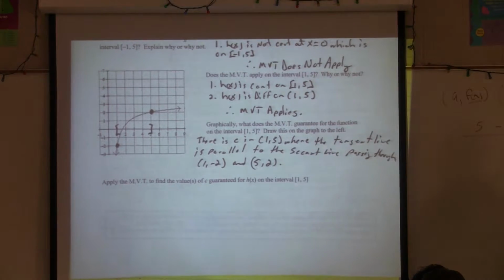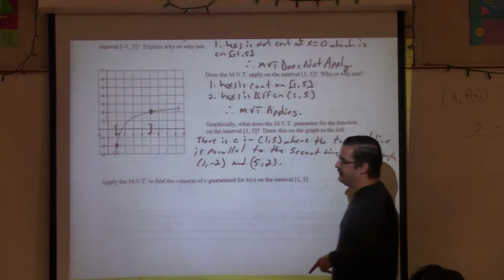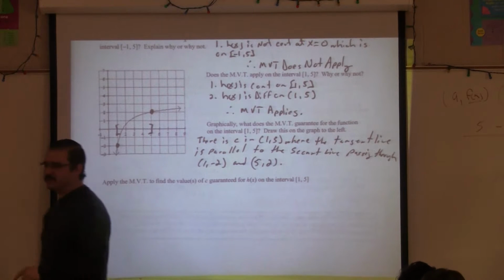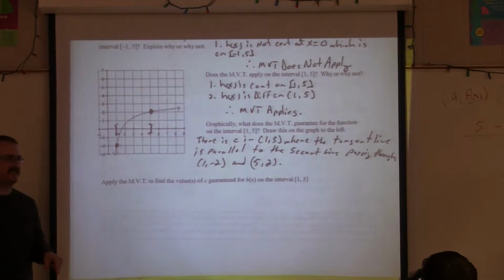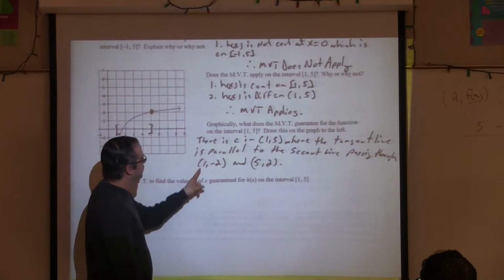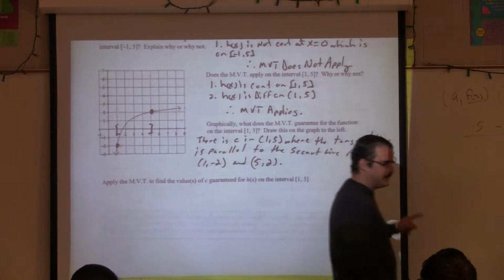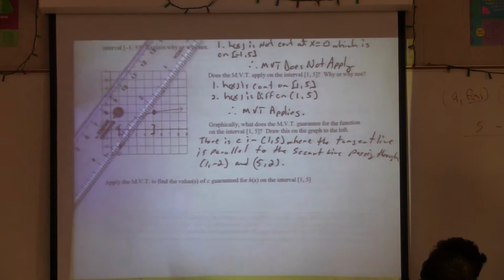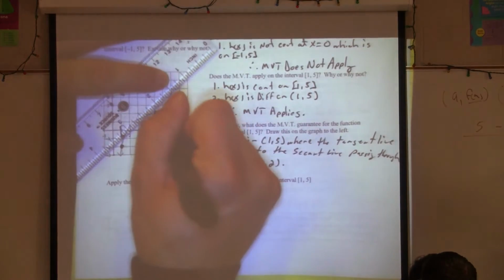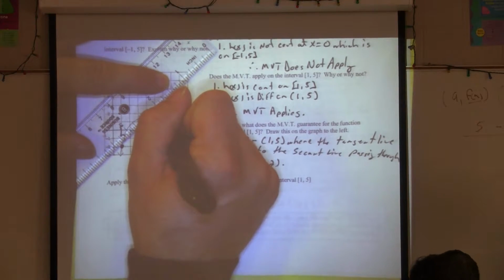So what this is saying is that if I draw a secant line through 1, negative 2, and 5, 2, I should be able to draw a tangent line that will have the same slope as that secant line, somewhere between 1 and 5. So let's try to do that ourselves using just our eyeball. First off, draw the secant line going through those two points.